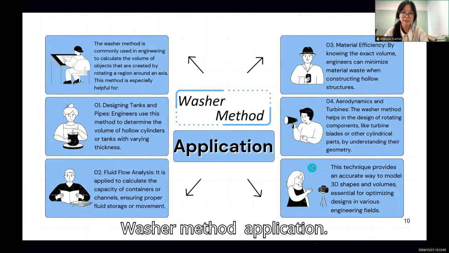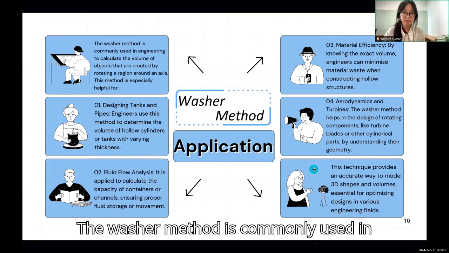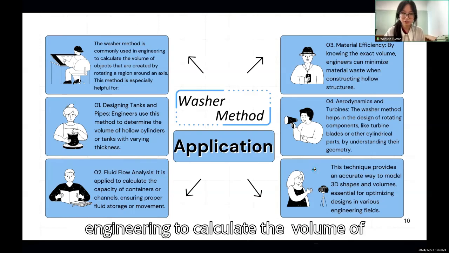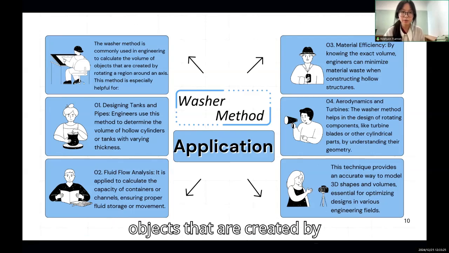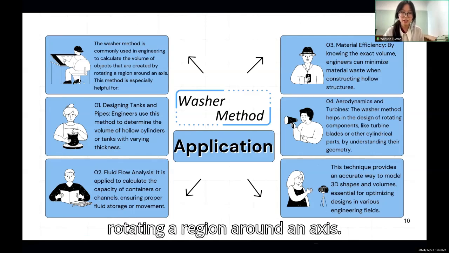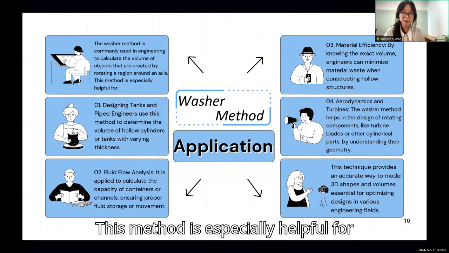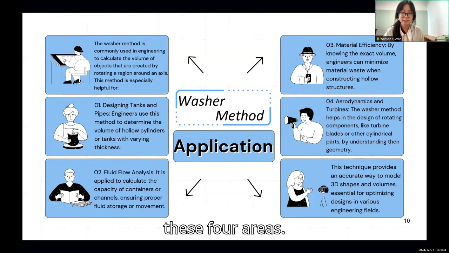Washer method application. The washer method is commonly used in engineering to calculate the volume of objects that are created by rotating a region around an axis. This method is especially helpful for these 4 areas. 1. Designing tanks and pipes. 2.